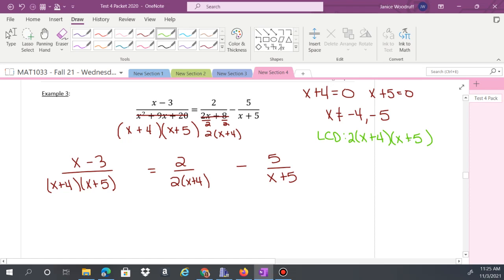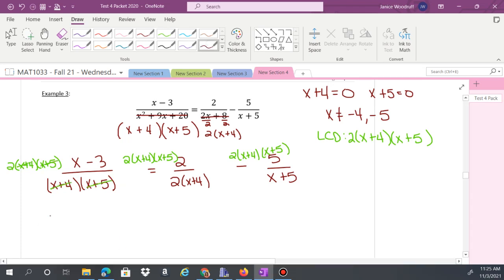Step 4, multiply each term by the LCD. Clear the denominators. So each term you're going to write 2, x plus 4, x plus 5 next to it. And then let's see what we can clear. So in my first term, the x plus 4, x plus 5 clears.